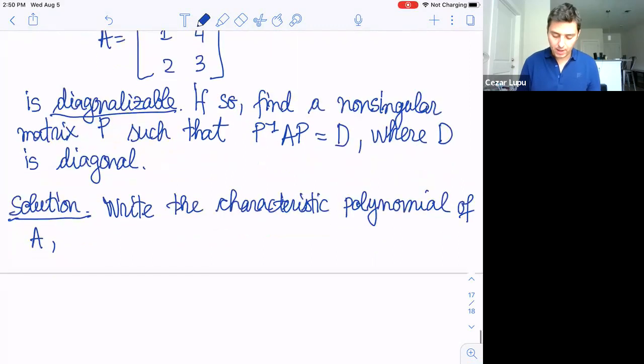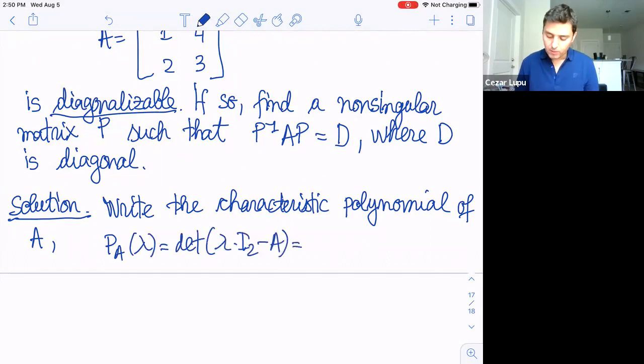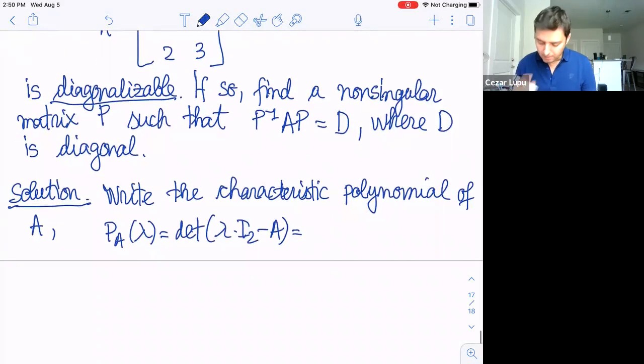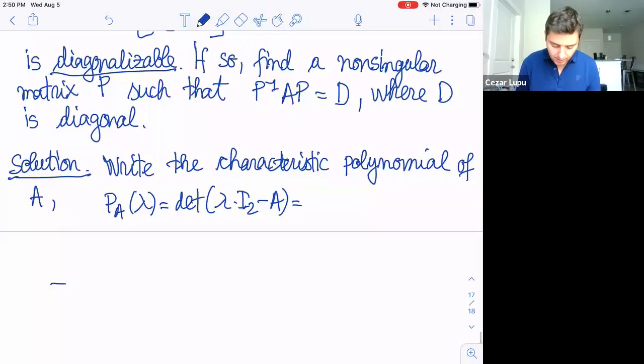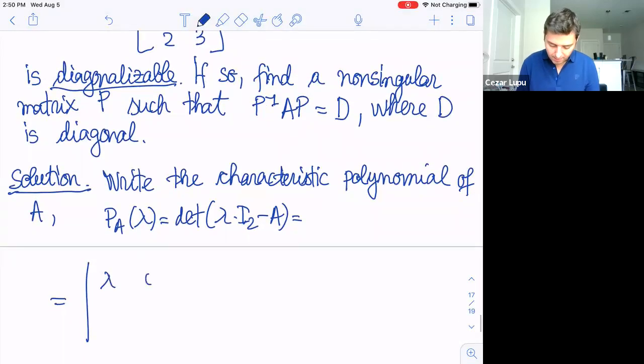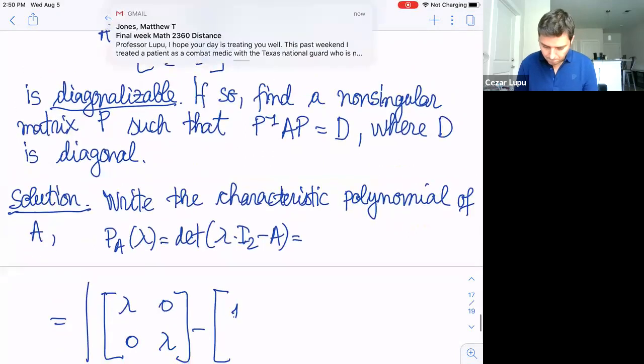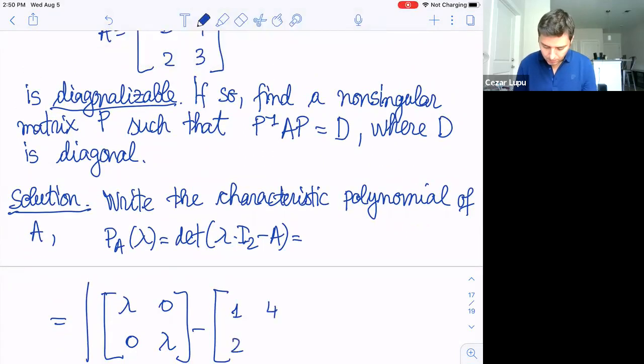So the characteristic polynomial of A is p_A of lambda, the determinant of lambda times the identity minus A, which will be nothing else than the determinant of lambda I minus A, where A is 1, 4, 2, 3.